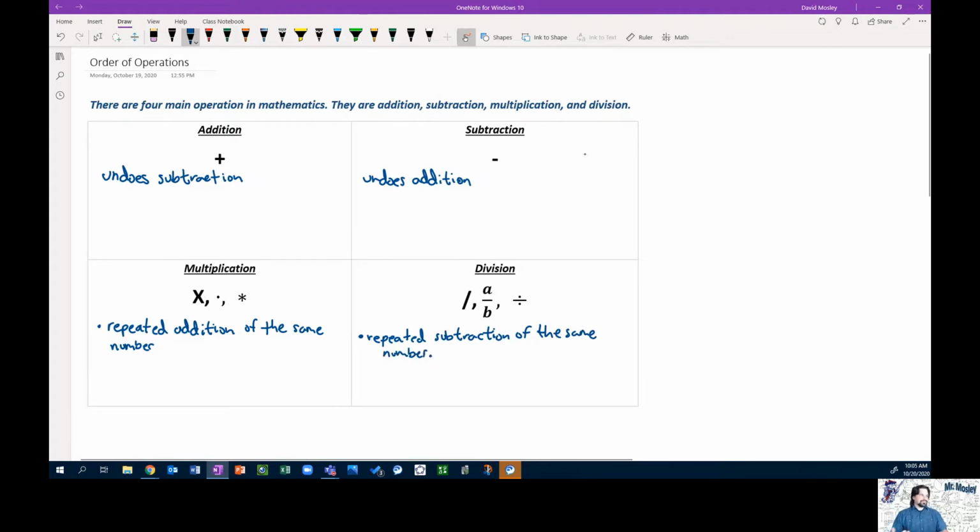And again, division undoes multiplication. Multiplication is the opposite of division. They undo each other.